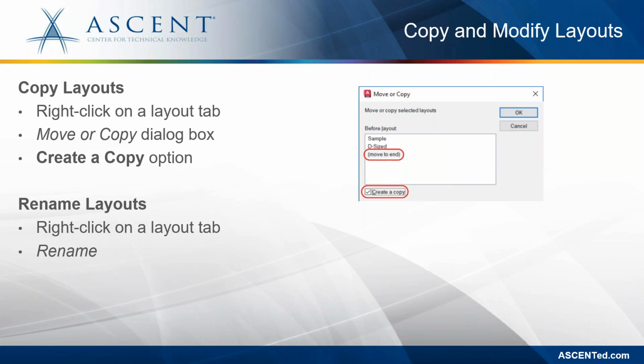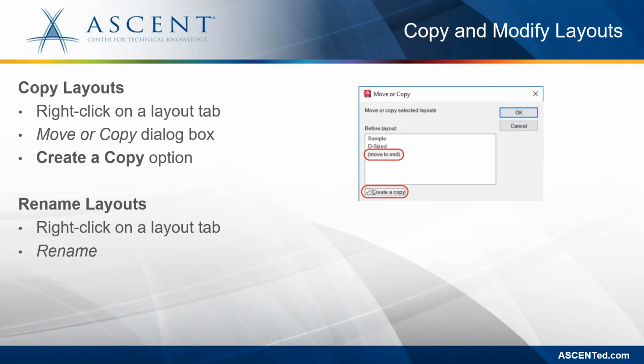We can copy a layout by right-clicking and selecting Move or Copy from the menu. That's the right-click menu. And this opens the Move or Copy dialog box where we can select the Create a Copy option. And that copies.